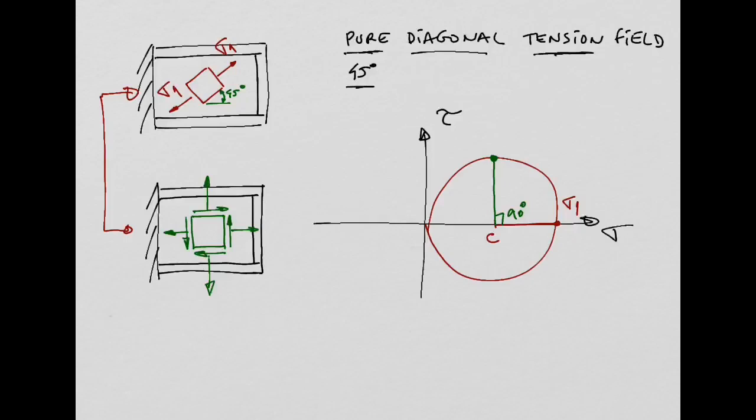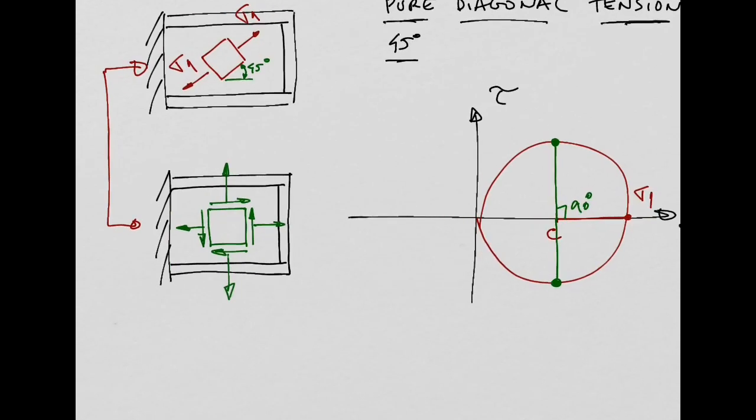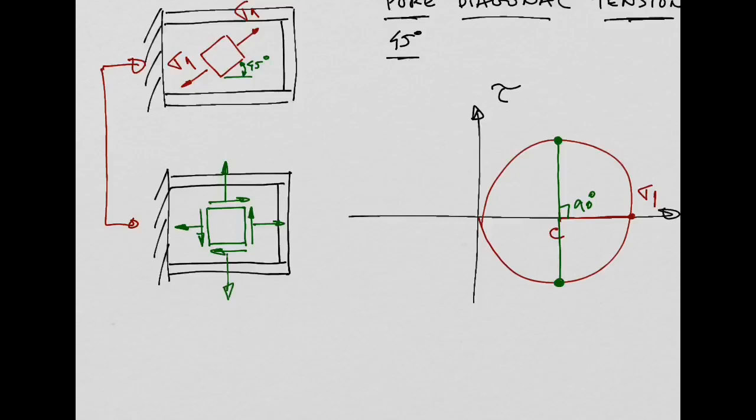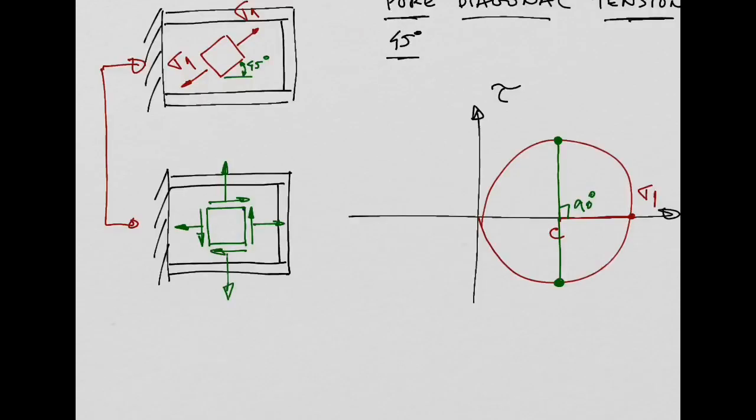So this point here and this point here, these 2 points in green in the Mohr circle are going to give me the stress components on these 2 shear planes.